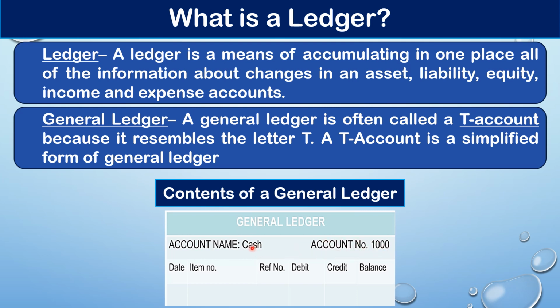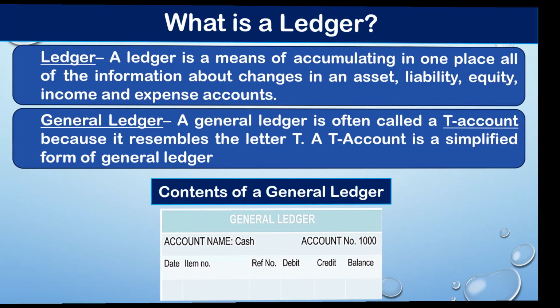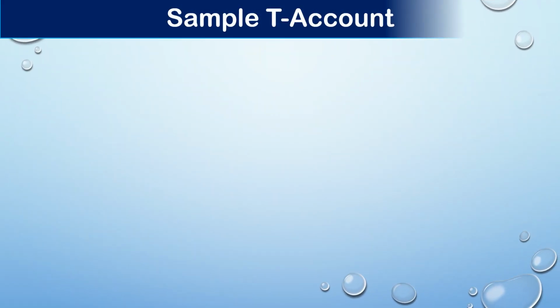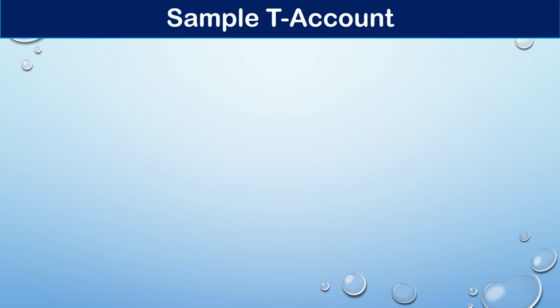Then under that, similar to a journal, there should be a date, then the item, the post reference number, the debited amount, the credited amount, and then the balance. We will not focus on this. The purpose of showing it is for you to have an overview of what a general ledger looks like.